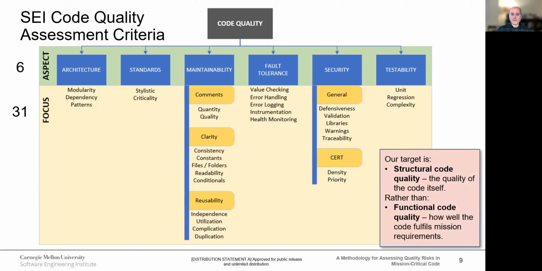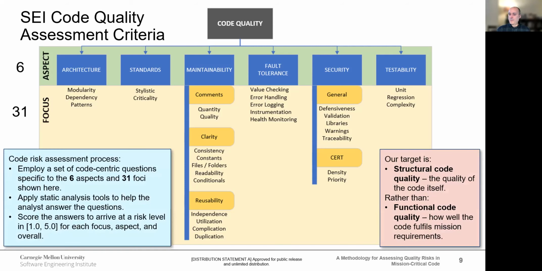Again, we're interested in structural quality, that of the code itself, rather than functional quality or how well the code satisfies its requirements. Our methodology uses an extensive set of code level questions, which the analyst answers by using static analysis tools and reviewing a subset of the code to arrive at a score in the closed interval 1.0 to 5.0, representing an estimate of the risk for each focus and aspect.